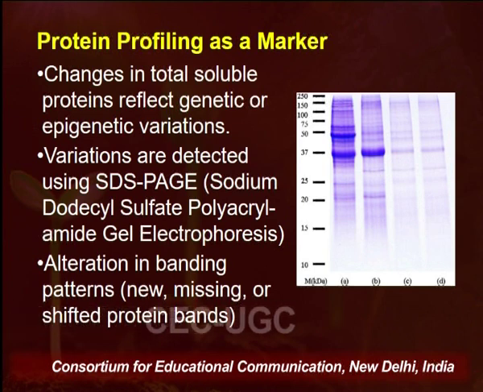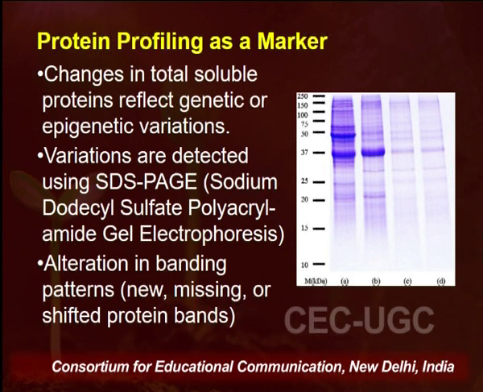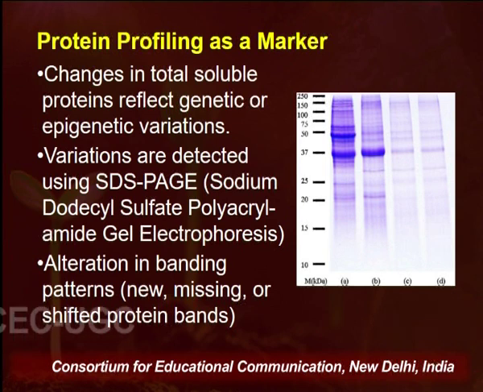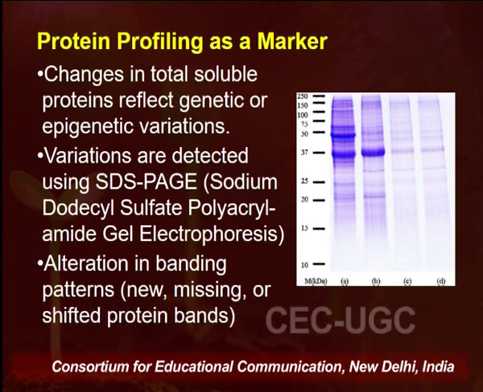You can clearly see there is a variation in the number as well as the intensity of the bands that separate on the gel. Any kind of alteration in the banding pattern, whether new bands emerge, bands are missing, or there is a shift in the position of the bands, will indicate the variations.